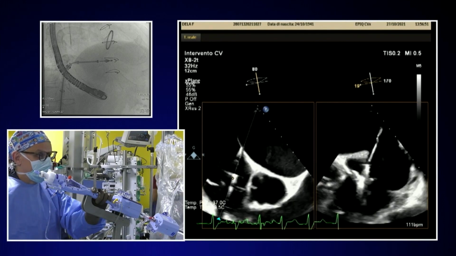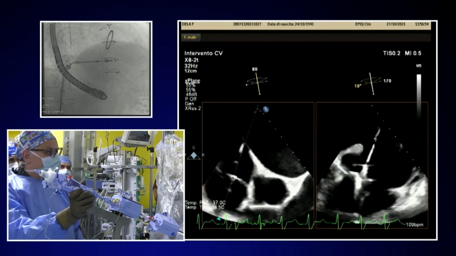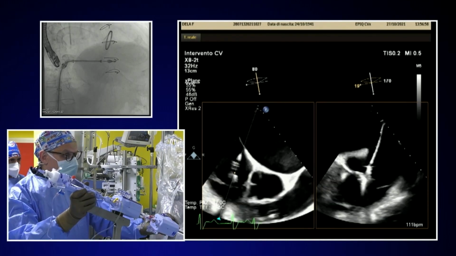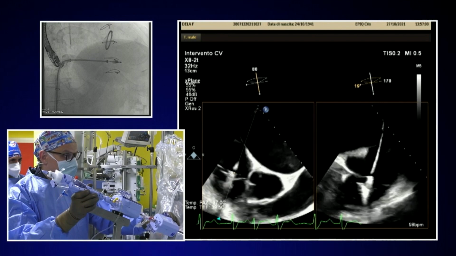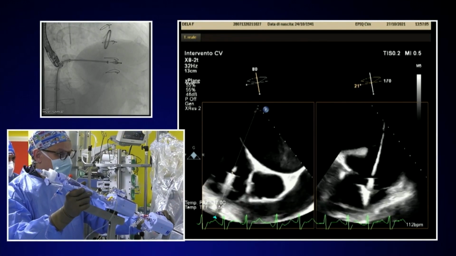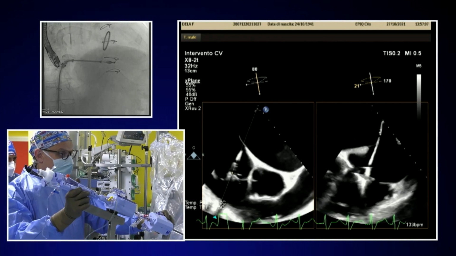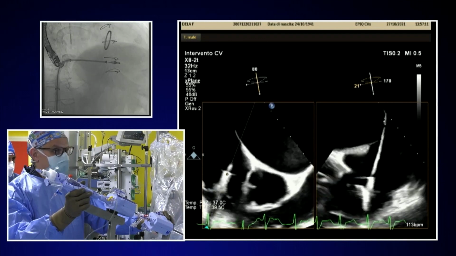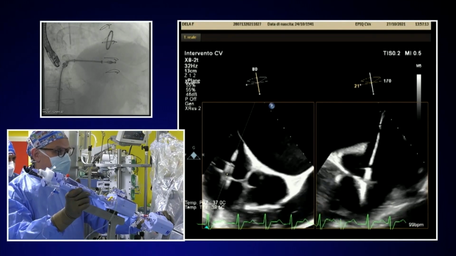We'll see. It's not in. But it's not a big deal because we actually have a great image. So we grasp the, now the septal is easy to grasp, but the anterior is a bit running away.